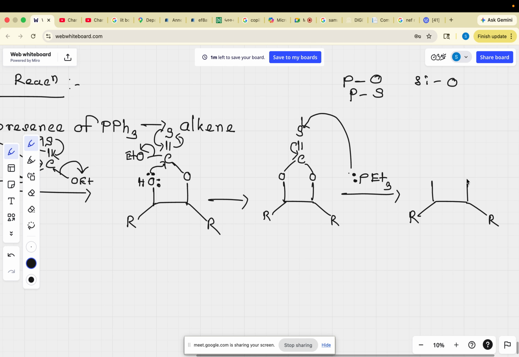So here you have oxygen, oxygen, carbon, this is your carbon atom, then sulfur, and here you have PEt3. Phosphorus is donating electrons, so it will be positively charged, and carbon is getting electrons, so it will have a negative charge. Next, can you tell me what the next step will be?